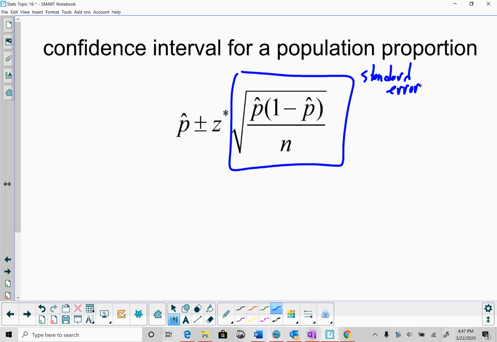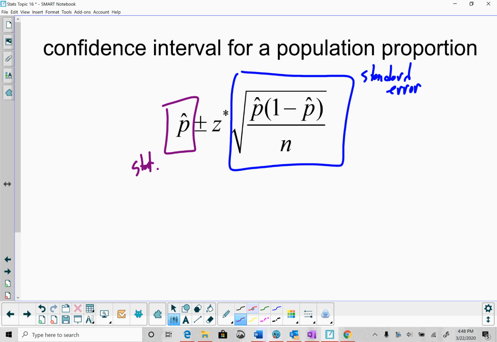And it's used in place of standard deviation because we don't know it. This, you should know, is our statistic coming from our sample proportion here.